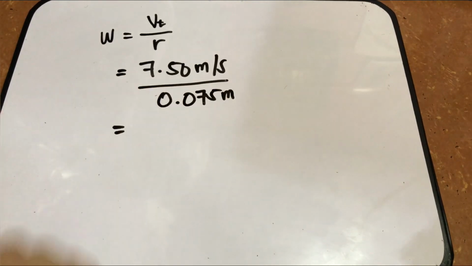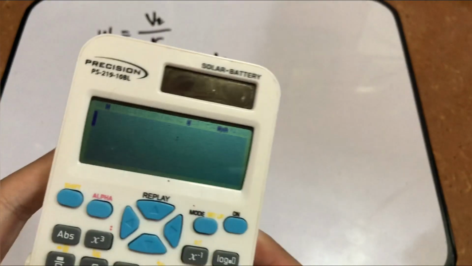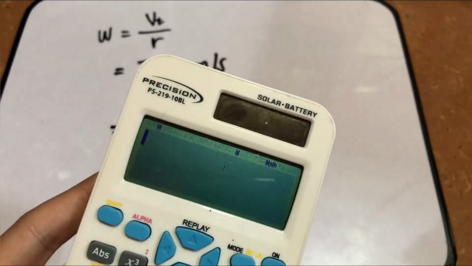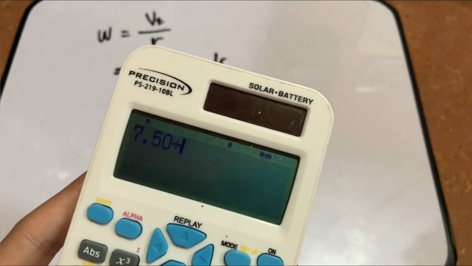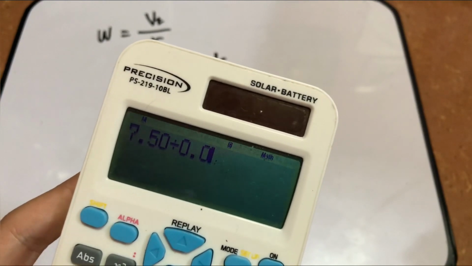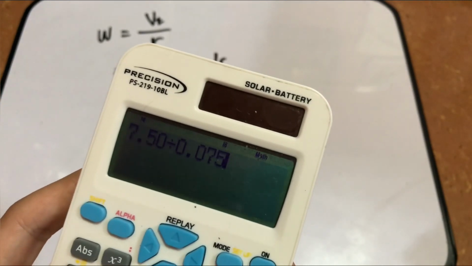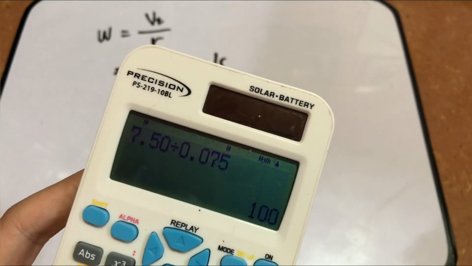So, ang answer ani kay 7.50 divided by 0.075 is equals to 100.